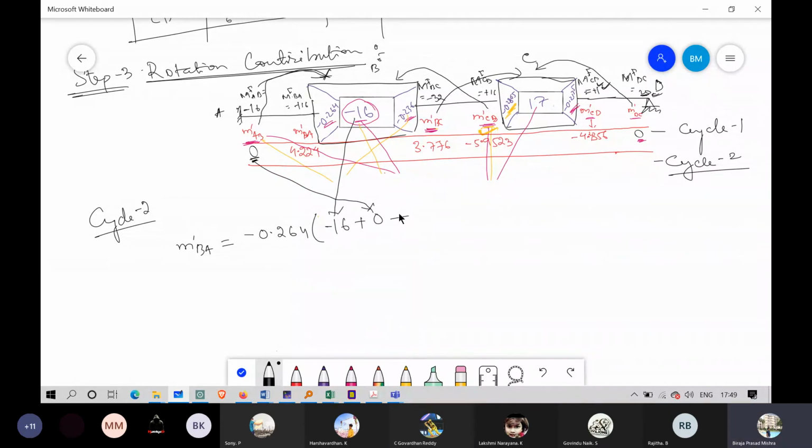Now what will be the next value? M bar CB is minus 5.9523. So how much is it coming? It is coming as 5.1807 ton meter.